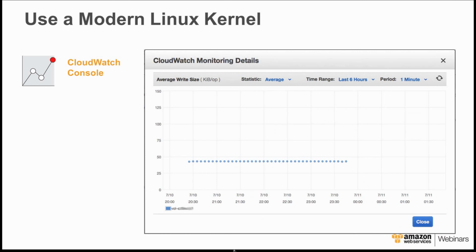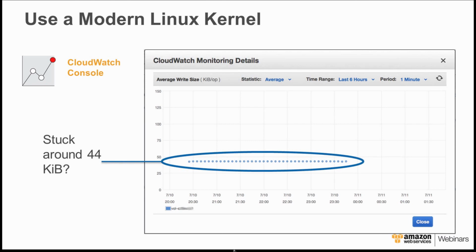Our next best practice is to use, for Linux, a modern Linux kernel. If you're monitoring your I/O to disk and you see your I/O stuck around 44 kilobytes per second, it may be that you're not actually sending small I/Os to disk. It may be that you're using a Linux kernel that does not support something called persistent grants.